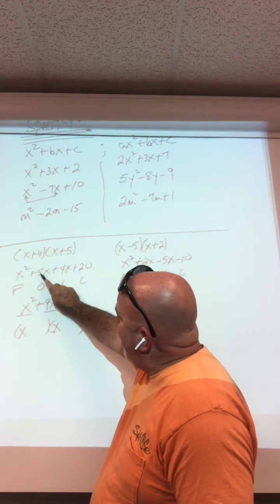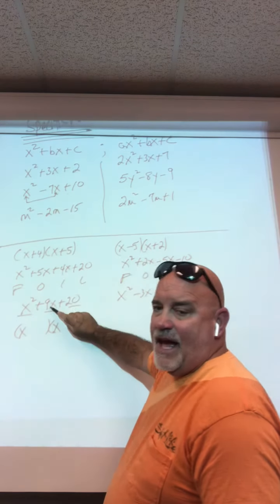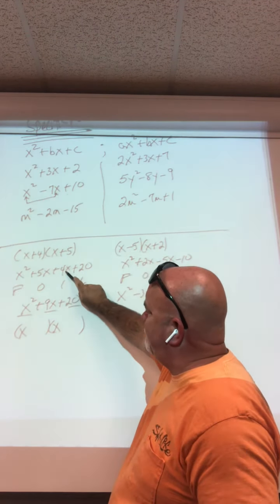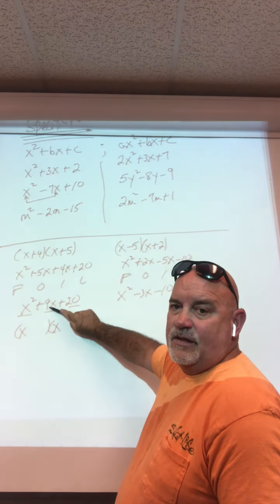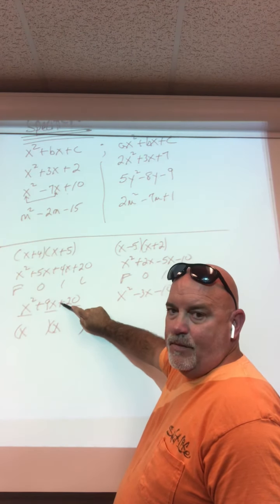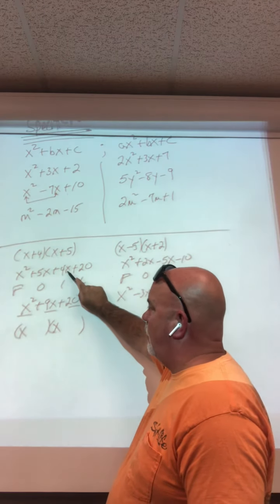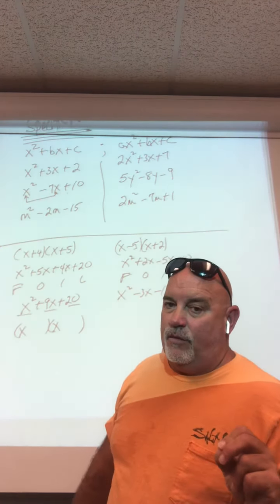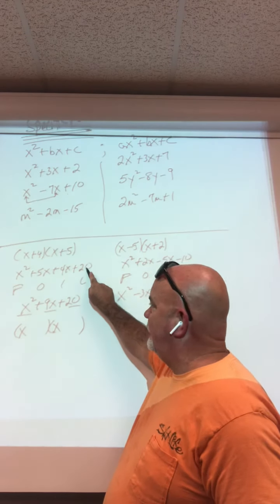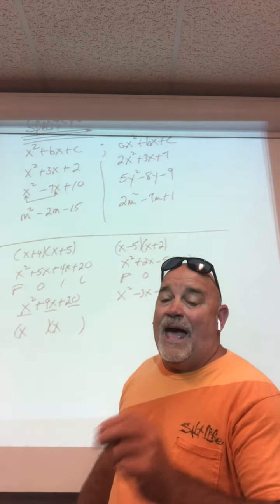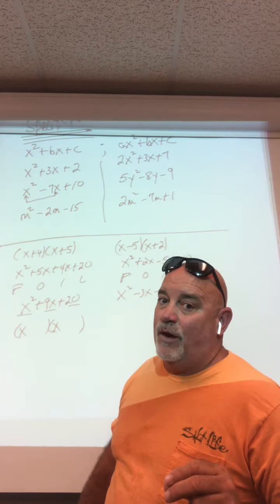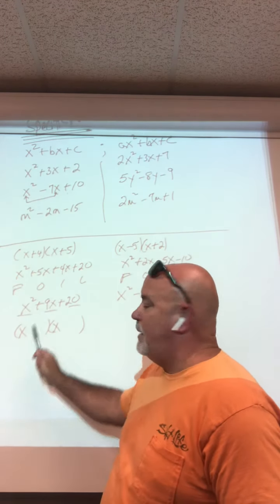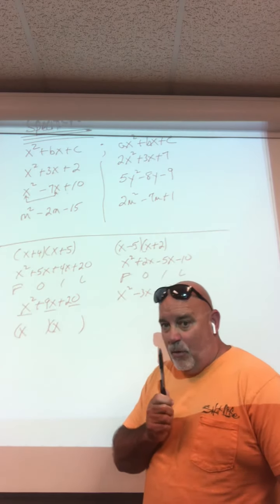When we did the 5x and 4x and got 9x, what did we do to the 5x and 4x to get 9x? We added them. We added 5 and 4. Now, what do you get if you multiply 5 and 4? You get 20. But if you add 5 and 4, you get 9. So here's how you figure out what numbers to pick. Watch this, very important right here.